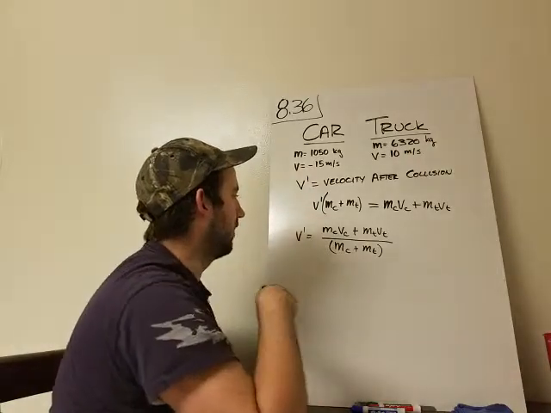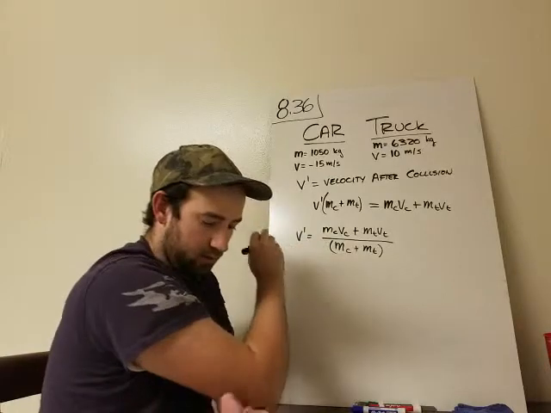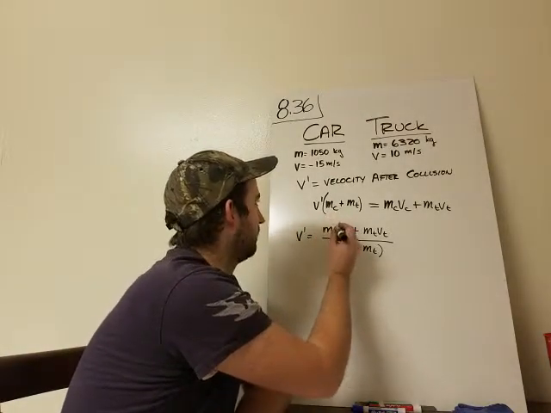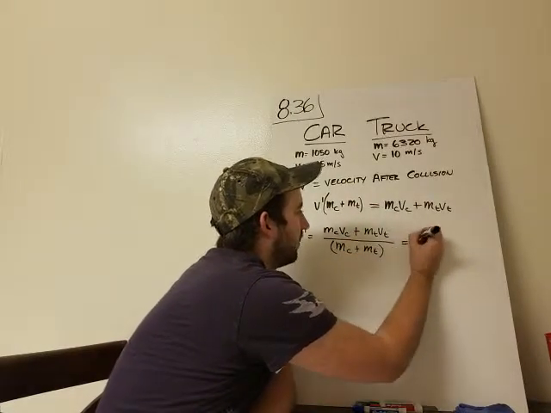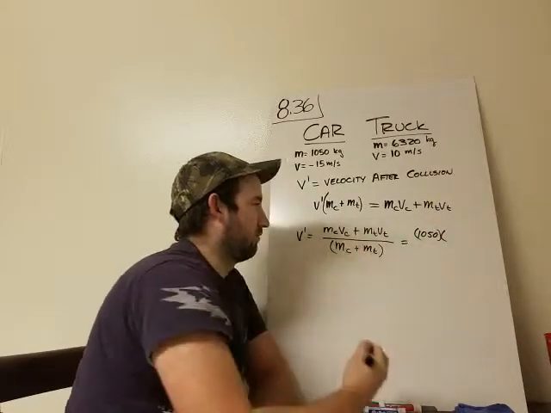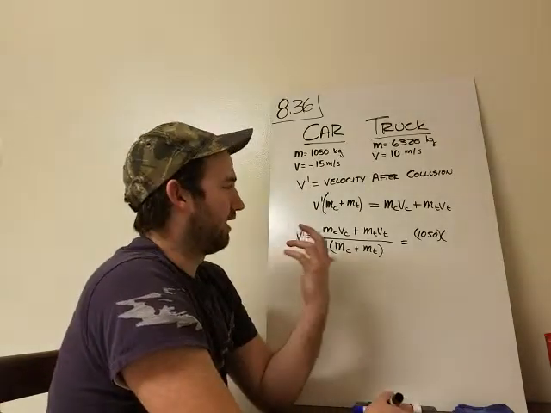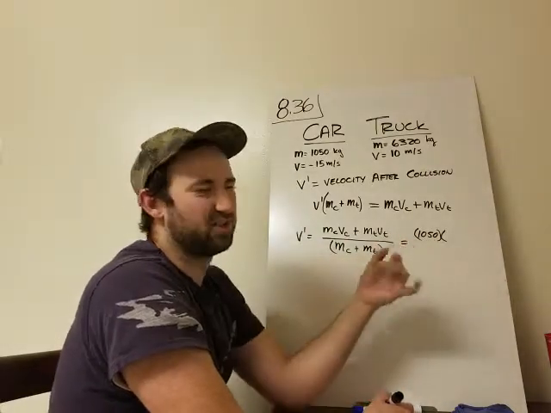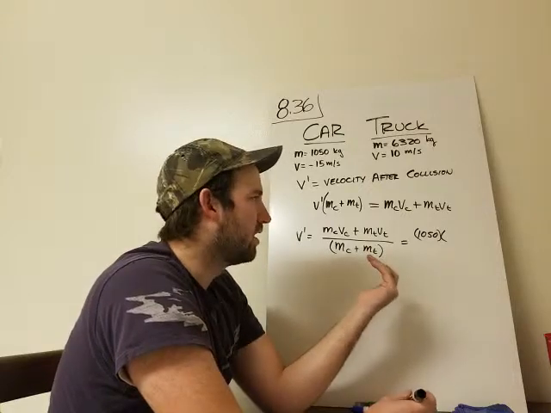Okay, now what we need to do is plug in the values that we already know. The mass of the car is 1,050. When I write this out, I keep an eye on the units, but I don't really like to write them because my fives look like S's, so sometimes when I see seconds I confuse it for a 5.